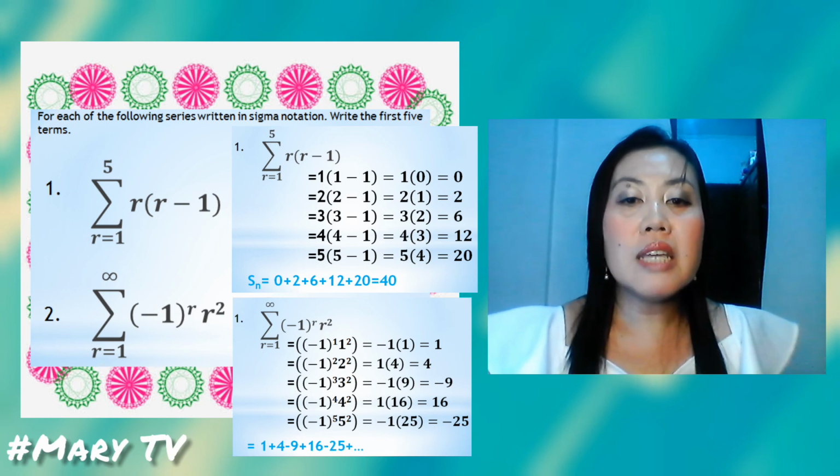When r is equal to 3, negative 1 raised to 3 times 3 raised to 2, which is negative 1 times 9, is negative 9. For r equal to 4, negative 1 raised to 4 times 4 raised to 2, which is 1 times 16, is equal to 16.